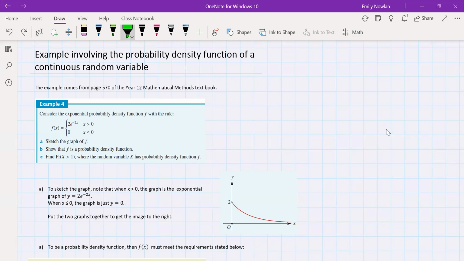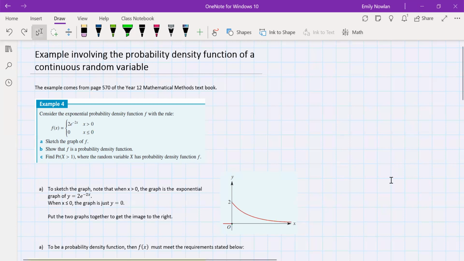Where x is greater than 0, we are not including this point, since it's only greater than, and that open dot means not including it. Where x is less than or equal to 0, we are including it. That's why the dot is coloured in. And then the graph is those two pieces put together.